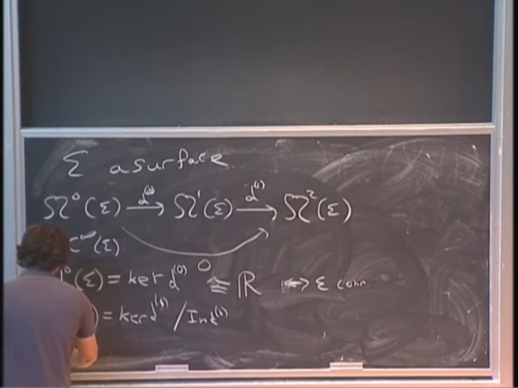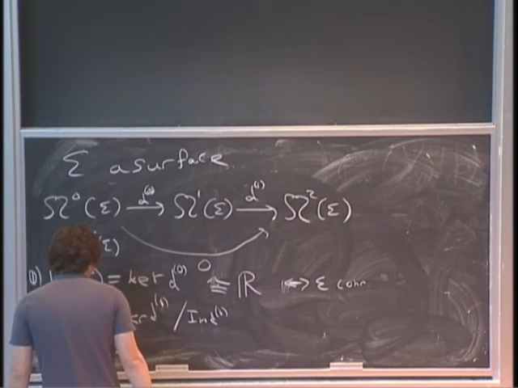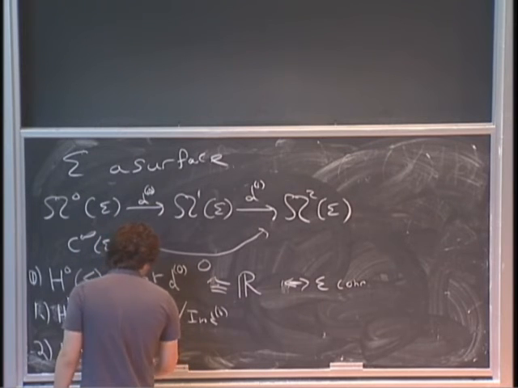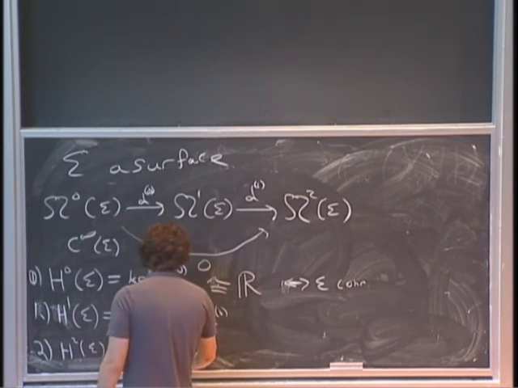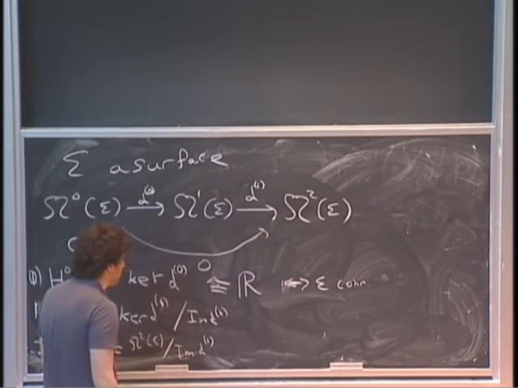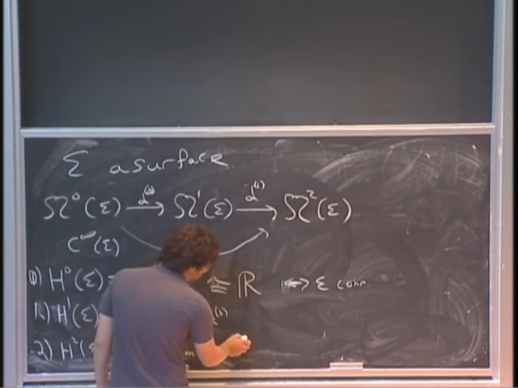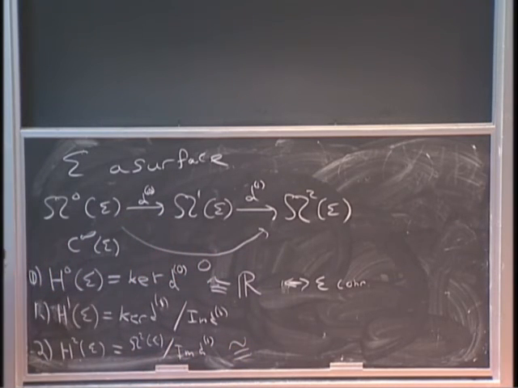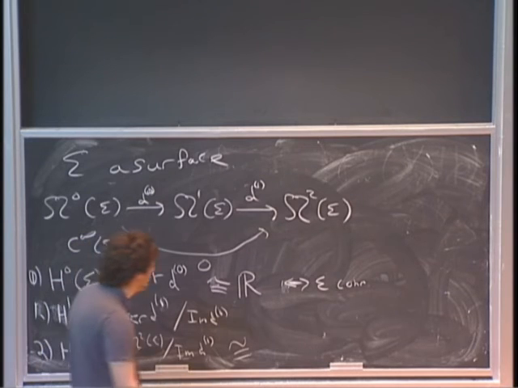And so the final group is H2 of Sigma, which is equal to the space of two-forms of Sigma mod the image of d1. Okay? So this is interesting in the following case.